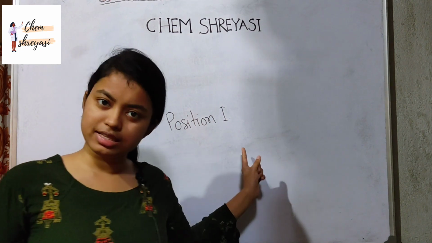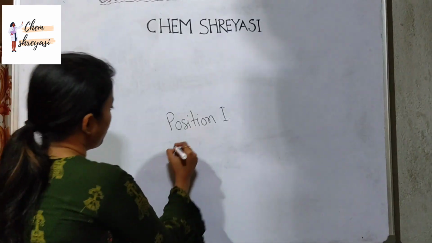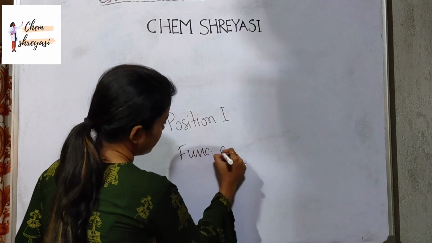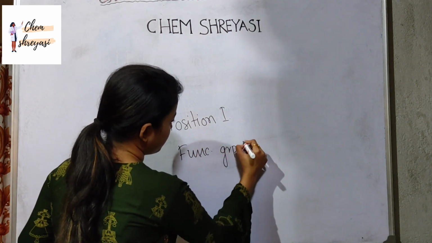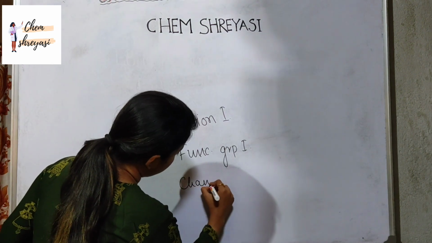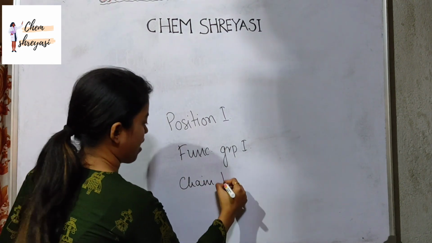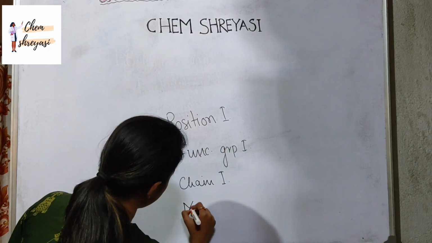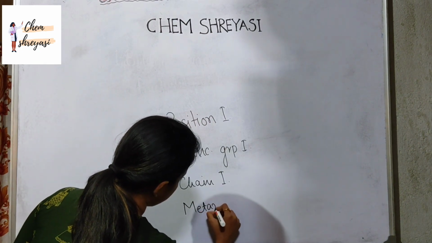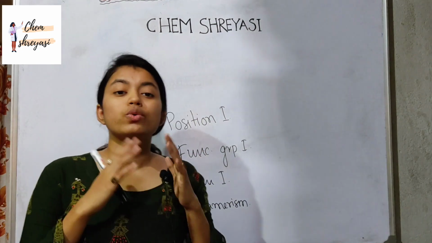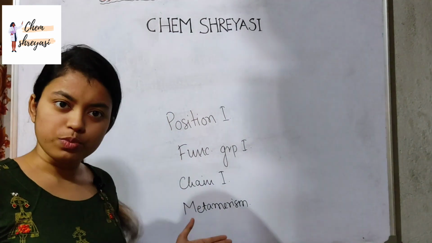I am writing isomer as I, and then functional group isomer, the third one is chain isomerism, and the fourth one is metamerism. So we will study each of these isomerisms first.